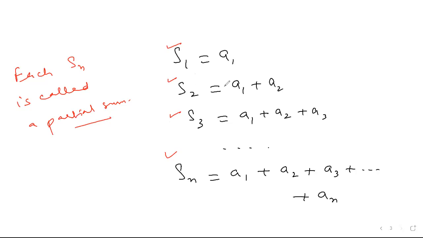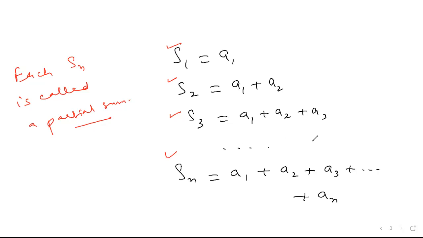S2 means the sum of first two terms, S3 sum of first three terms, and so on. Sn is the sum of first n terms of the series. The letter n can be any integer. For each n, Sn stops with the nth term.